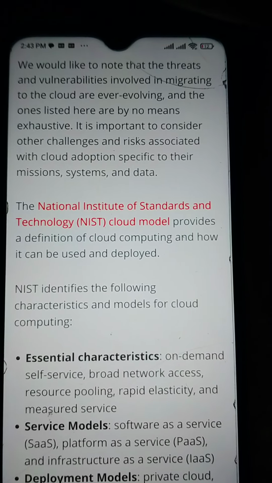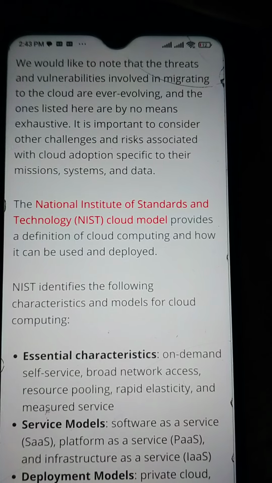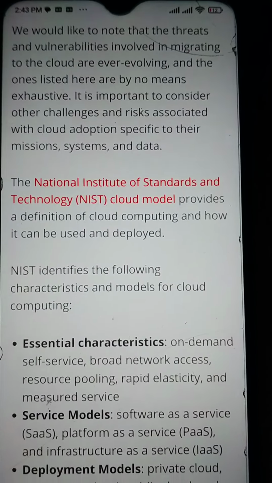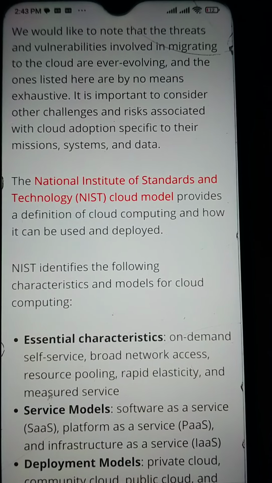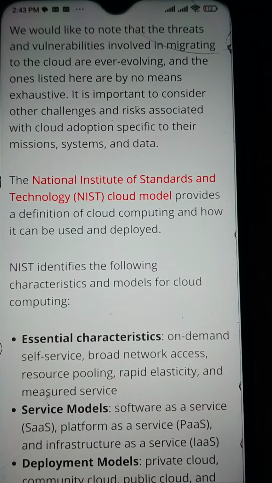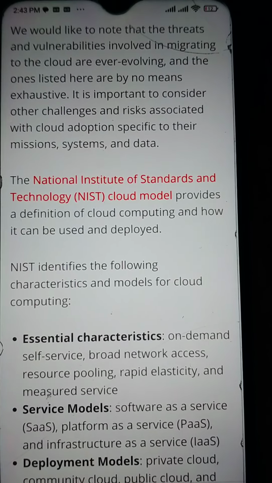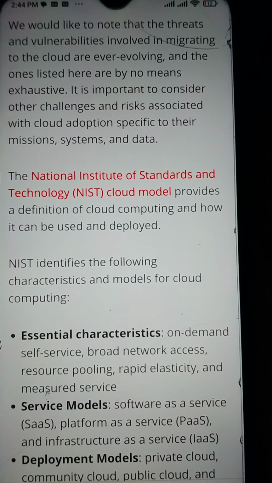We would like to note that the threats and vulnerabilities involved in migrating to the cloud are ever evolving, and the ones listed here are by no means exhaustive. It is important to consider other challenges and risks associated with cloud adoption specific to your mission, systems, and data.